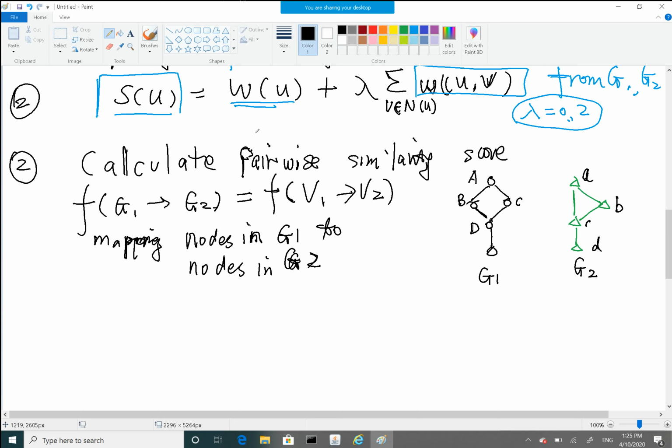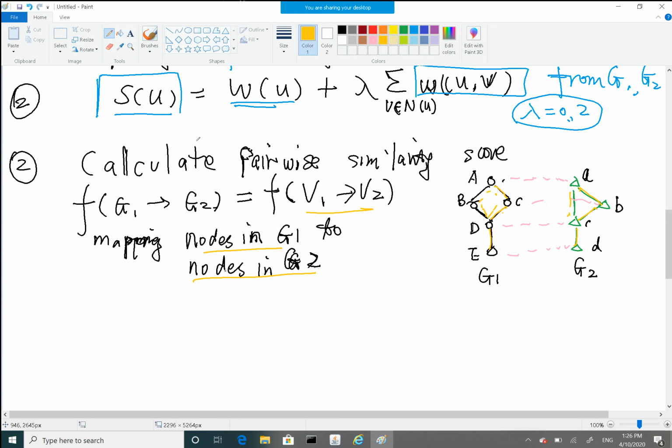The reason is, if you decide this, this guy is mapped to this guy, and this guy is mapped to this guy, and C is mapped to D, and this guy is mapped to this guy, this is E. So you can imagine this mapping: this edge is mapped to this edge, and this edge to this edge, and this path, maybe this path or maybe this path, is mapped to here. Most important is the vertex to vertex mapping.